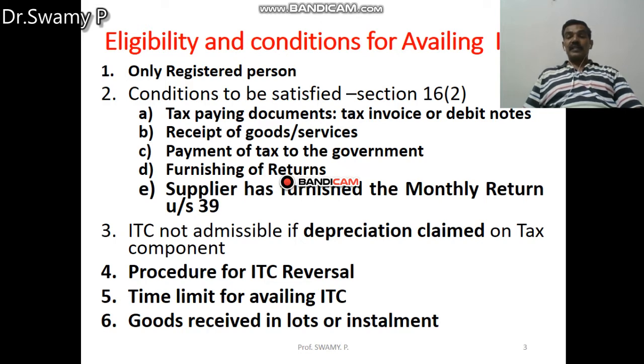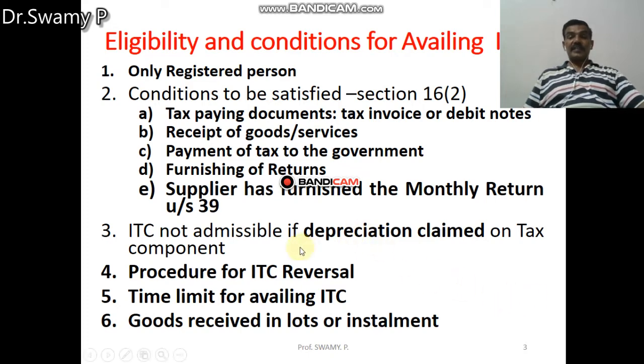That means the recipient of supply is required to file the details of inward supply in GSTR2 by 15th of the month succeeding the month of receipt of supply. With the furnishing of such details in GSTR2, electronic credit ledger reflects the relevant input tax credit. Till then, input tax credit cannot be claimed.